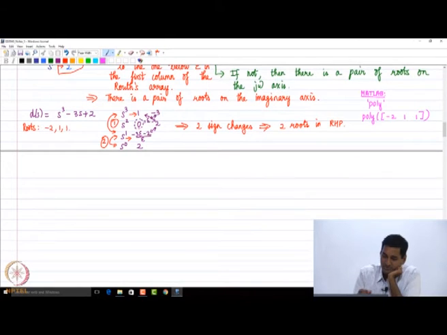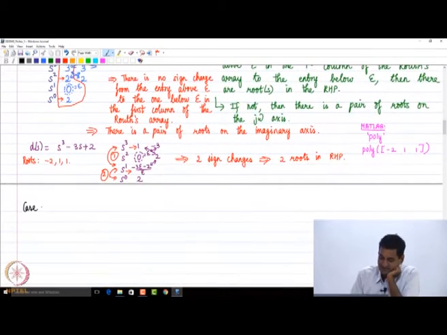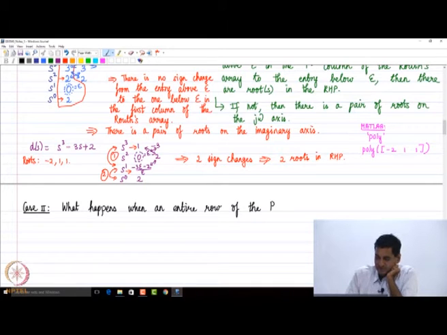Now, I am going to do a second special case, where we ask ourselves a question: what happens when an entire row of the rows array is 0?